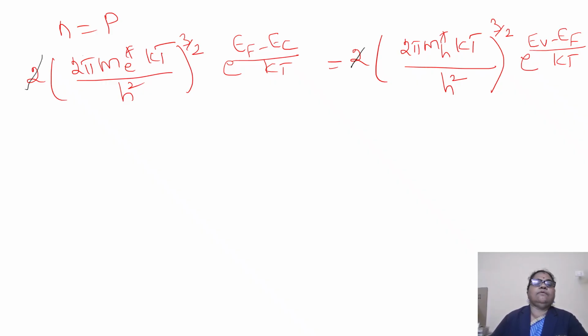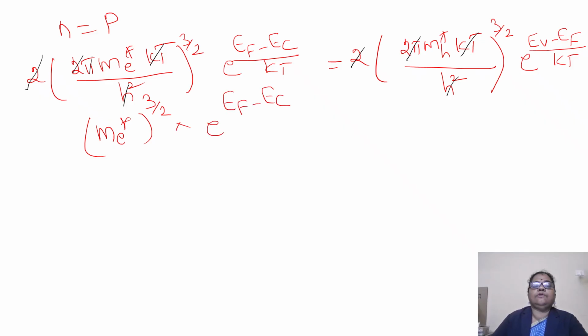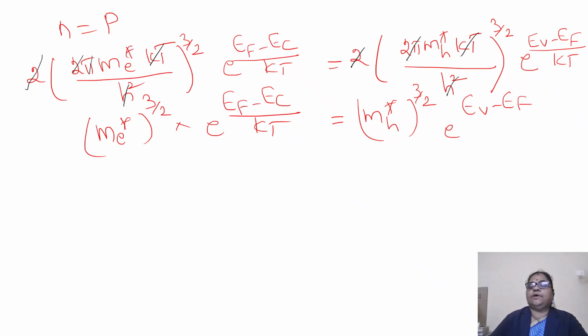And also (2πkT/h²)^(3/2) is common for both the terms. Then the remaining terms are (m_e*)^(3/2) multiplied by e^((EF - EC)/kT), that is equal to (m_h*)^(3/2) into e^((EV - EF)/kT).